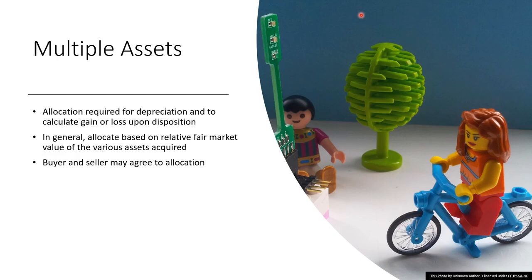If we buy multiple assets for a lump sum, we and the seller may agree to a specific allocation of the purchase price among the assets in the sales contract. If this allocation is based on the value of each asset, and we and the seller have adverse tax interests, the allocation generally will be accepted.